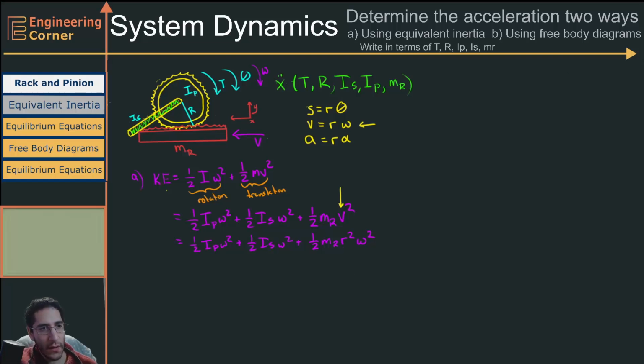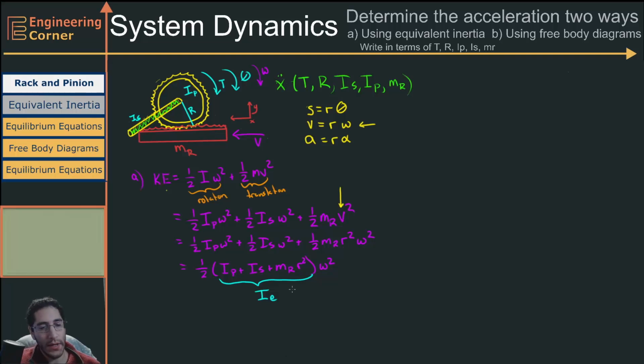Okay, so now each of these terms has a 1/2 and each of these terms has an omega squared term. So we can write our energy. It's going to be equal to 1/2 times I_P plus I_S plus M_R R squared, times omega squared. And this term right here becomes our equivalent inertia.